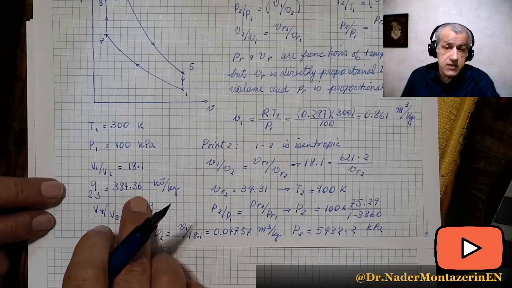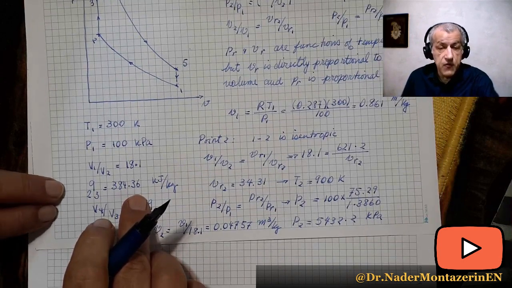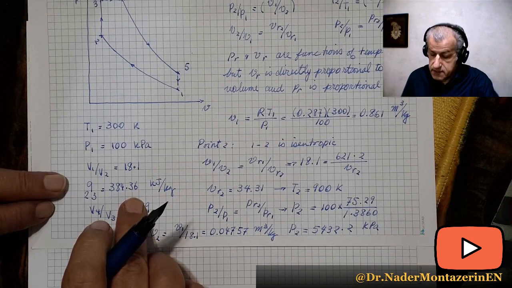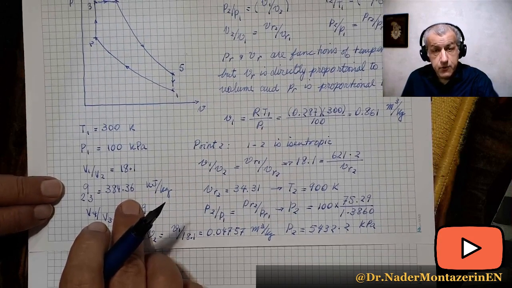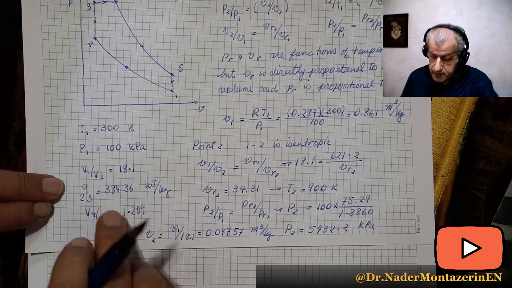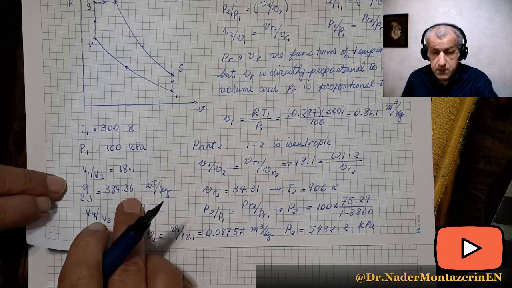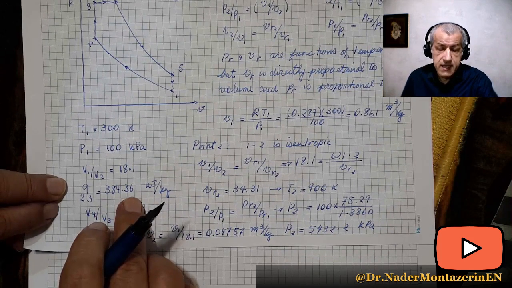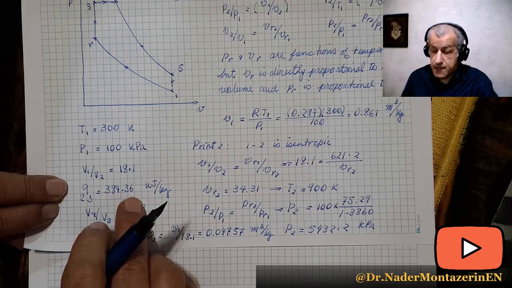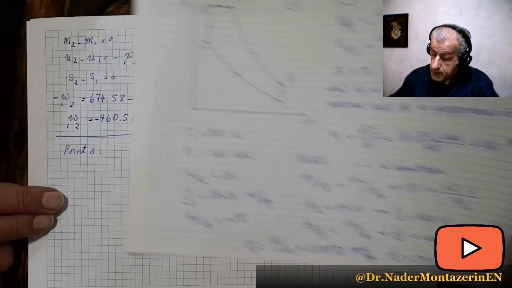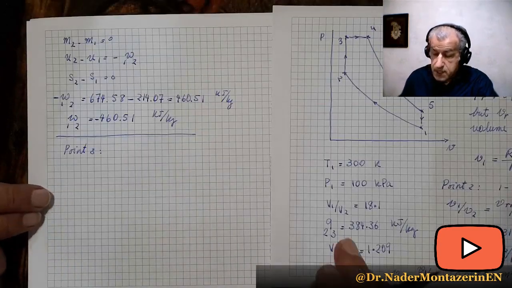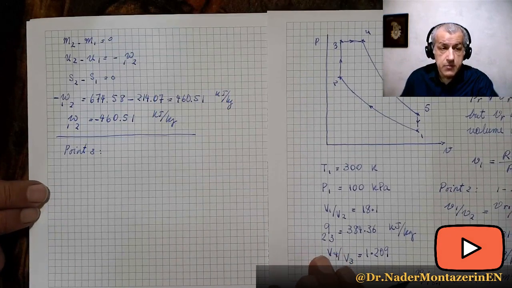This is the energy released from the fuel that is burned at point 2, and it is 384.36. So as it is, when we have Q, we have to write our equations for process 2, 3, and then see how heat release would be related to properties.